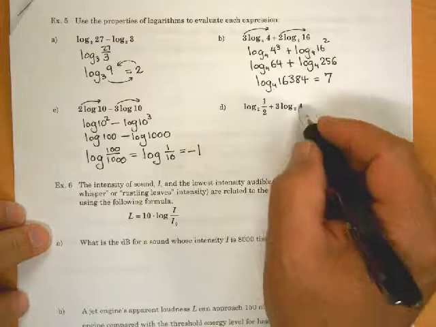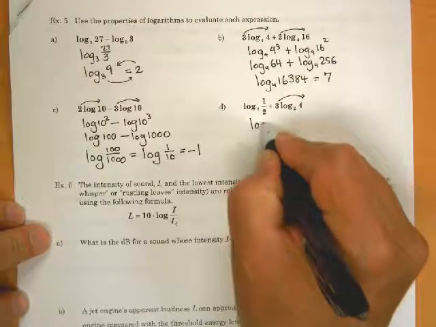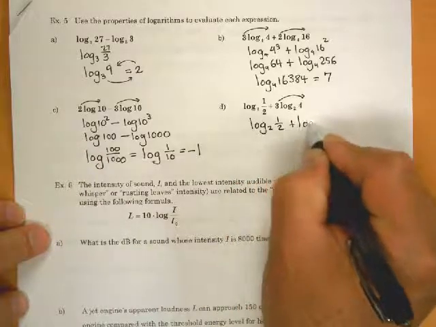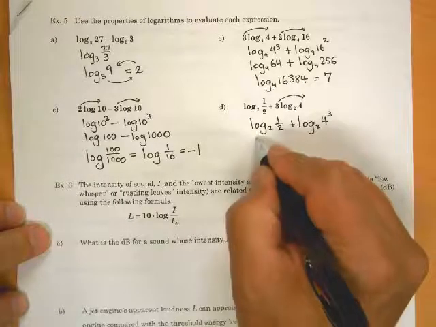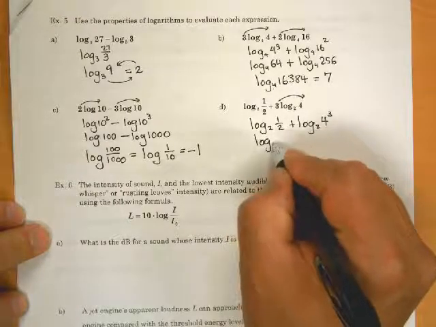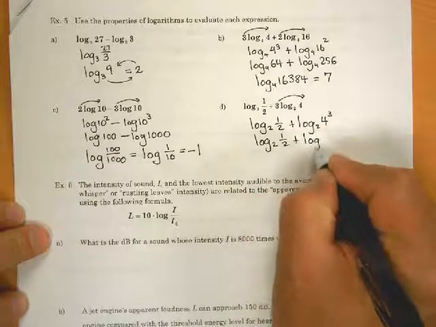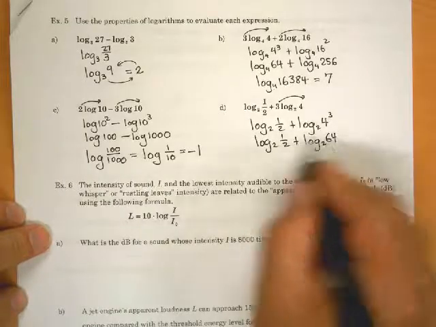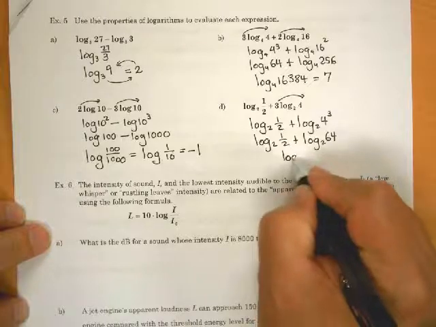This one here, we're going to take the 3 up and make an exponent. Four to the third power is 64. So I'm going to put a 64 down there. With a plus sign, you multiply when you consolidate. These two logarithms become one logarithm.